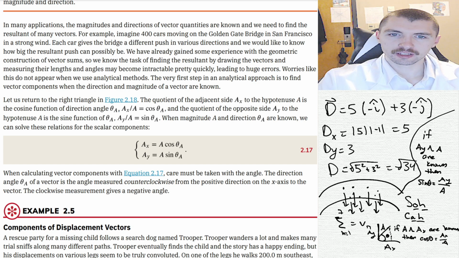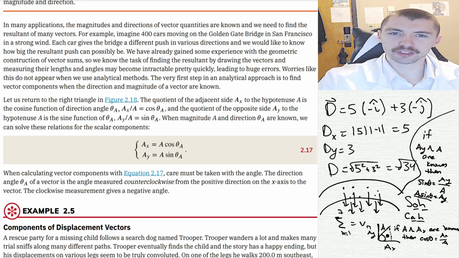And this can operate with the reverse. Let's say we don't know AY, but we know A and theta, then we can find the components via A sine theta equals AY. So if A and theta are known, then we can find this just by plugging in these numbers.